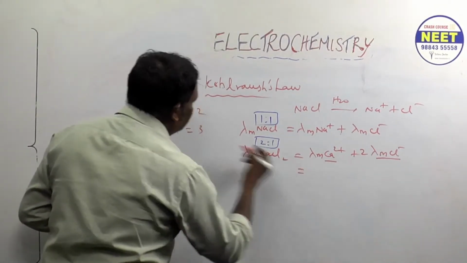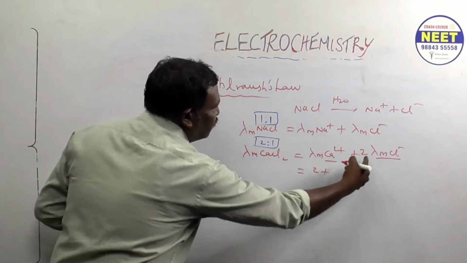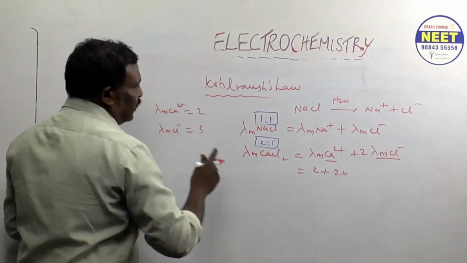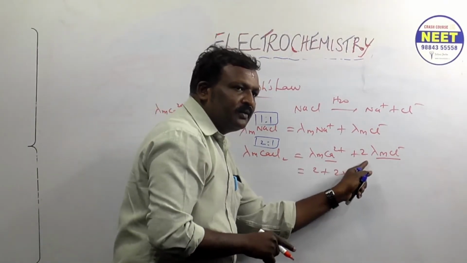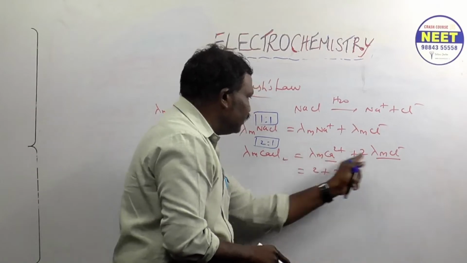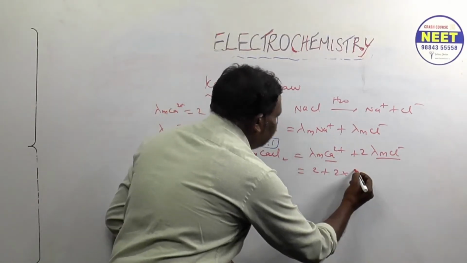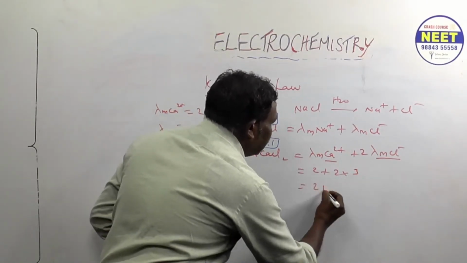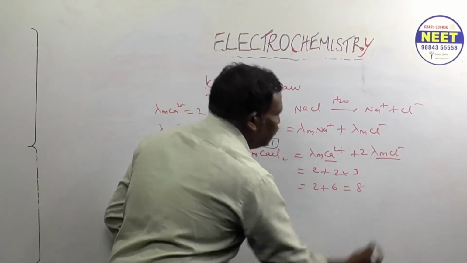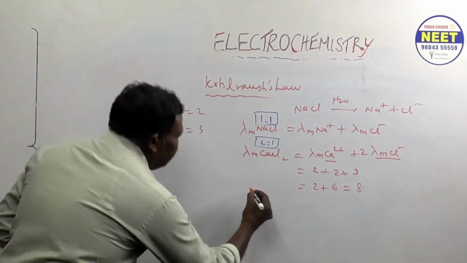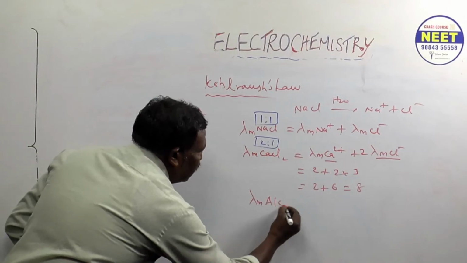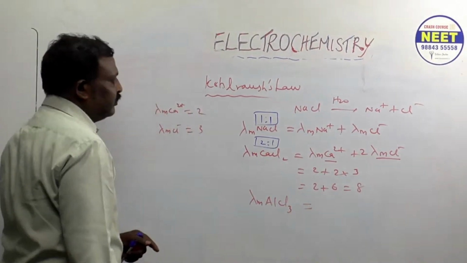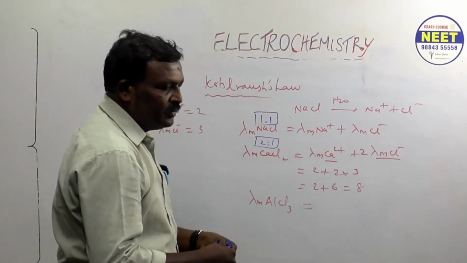We can substitute: 2 plus 2 into 3, the 2 into is very important. So 2 plus 6 equals 8. Likewise, aluminum chloride, tell me. The splitting is very important.